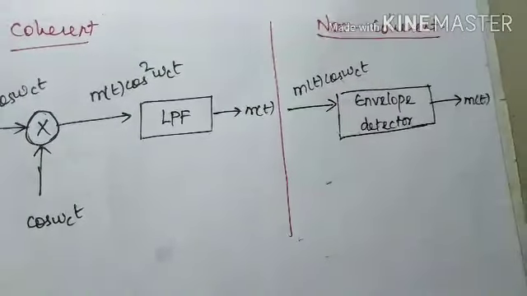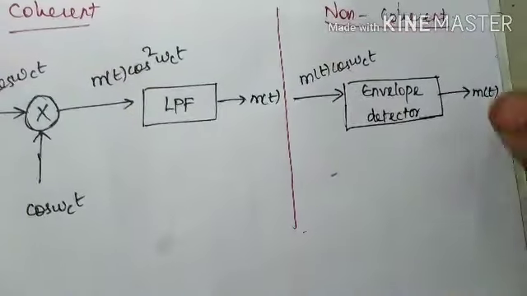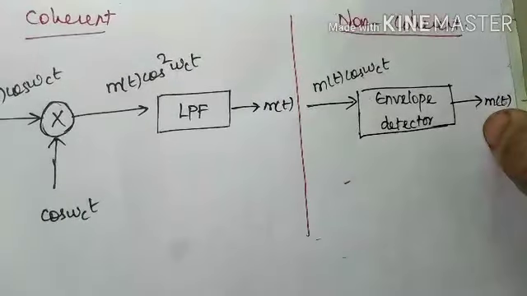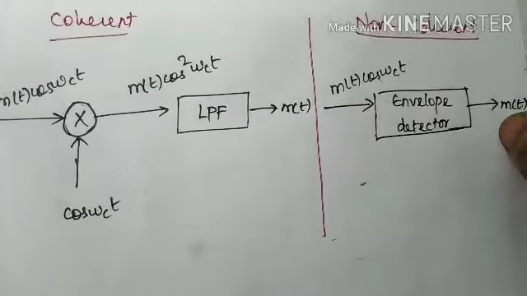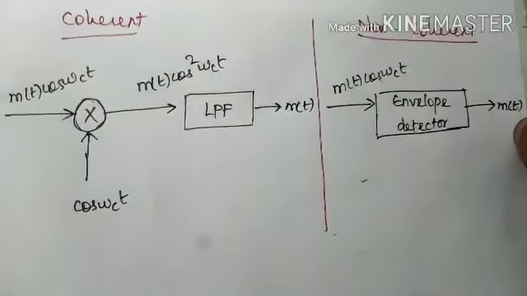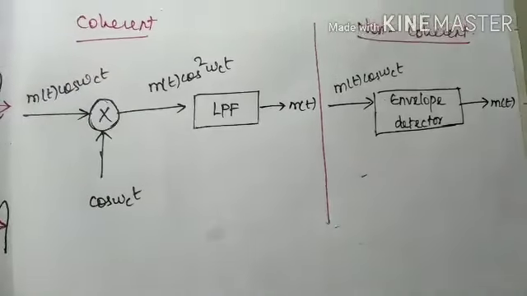It just detects the envelope alone, that is our modulating or message signal that we transmitted at the transmitting end, our original signal. This is the difference between non-coherent and coherent detectors.